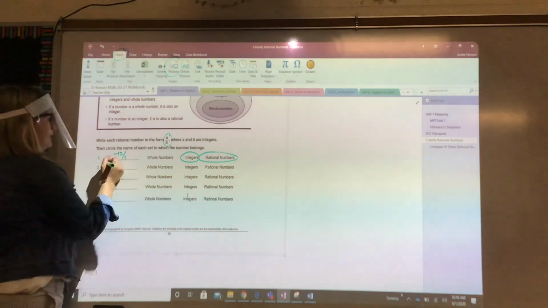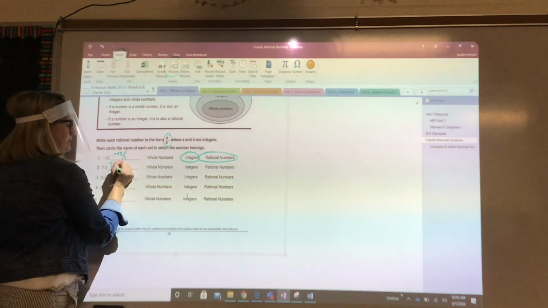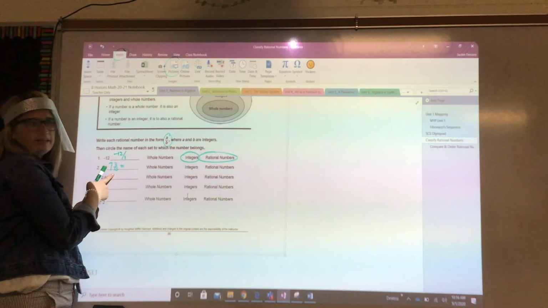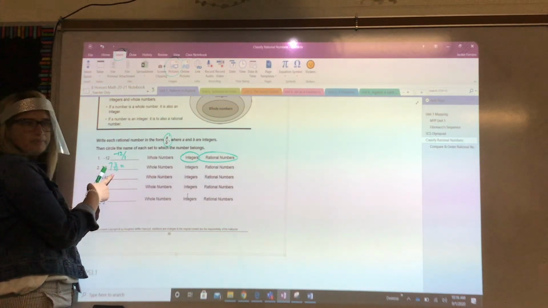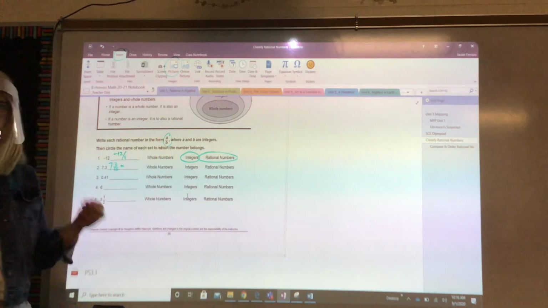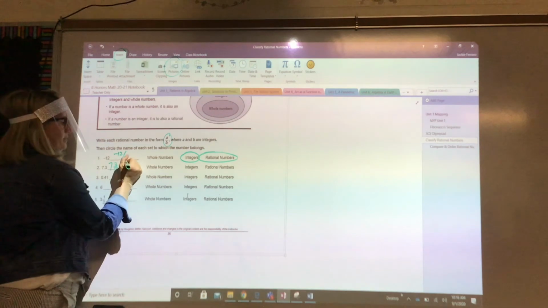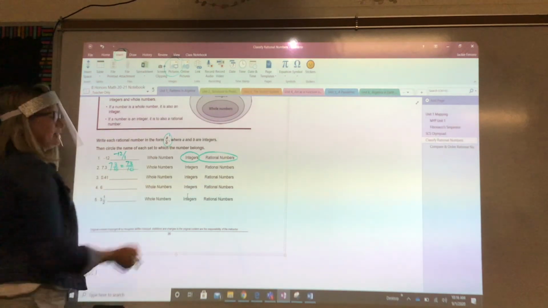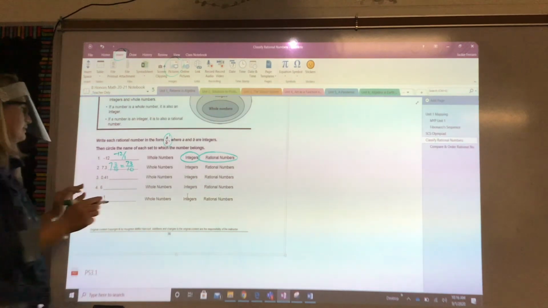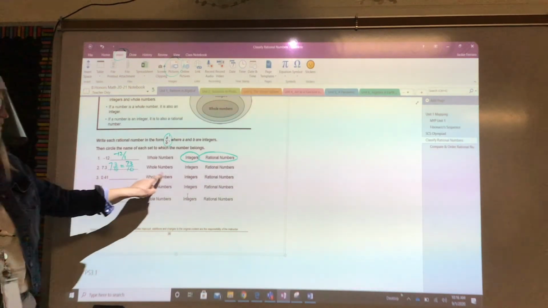What about 7.3? Wouldn't that be 7 3/10? Is this a fraction? It's a mixed number. Mixed numbers need to be converted into the form a over b or made improper. So if we make this improper, it's 73/10. Now we're going to classify it. What is 7.3? What type of number?